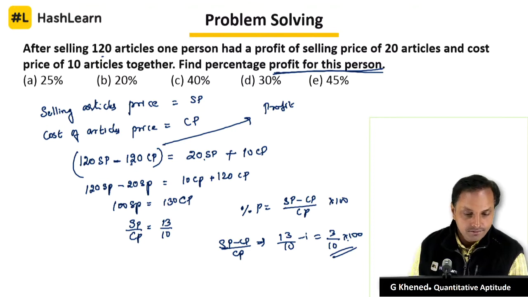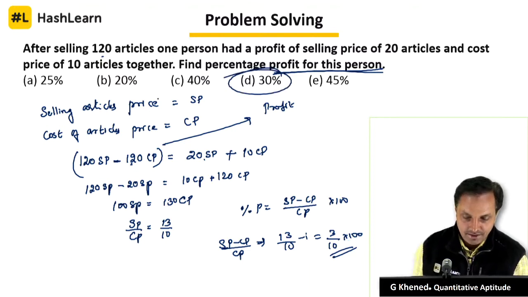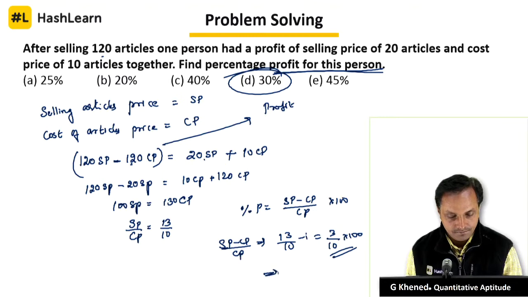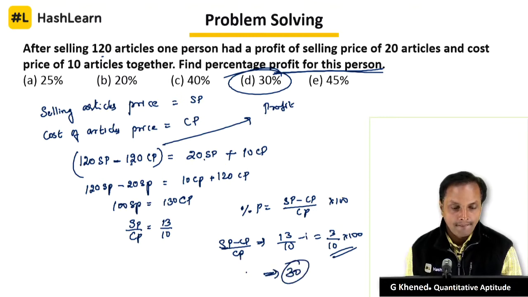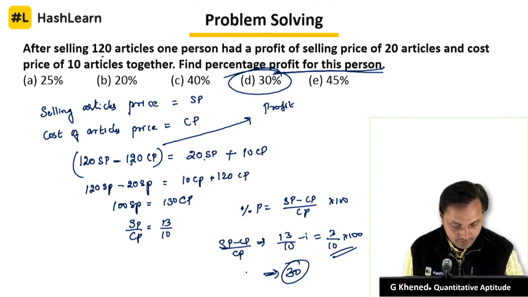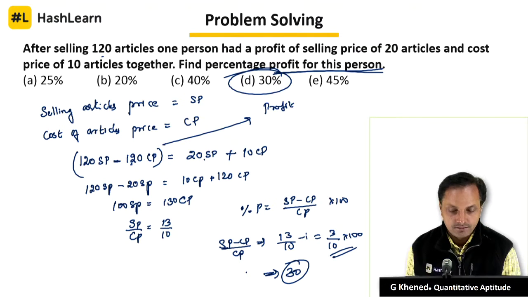That will give you 30%, which is in option D.